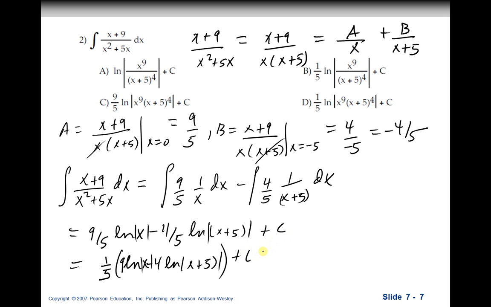And you see we can write that as 1/5 ln of x to the 9th divided by (x + 5) to the 4th power. The absolute value of all of that plus a constant.